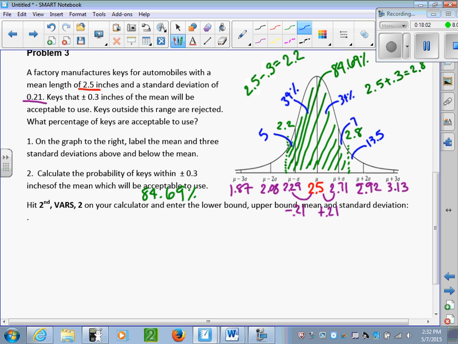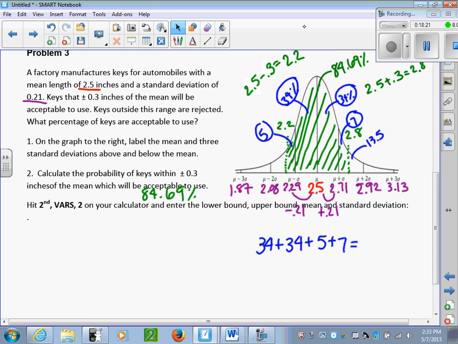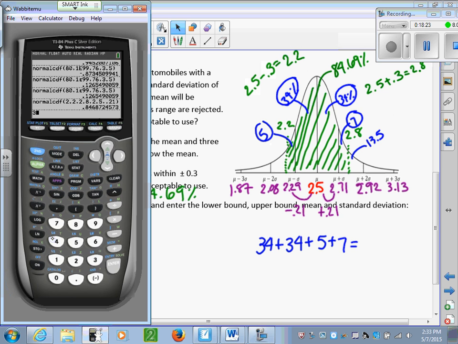So if we add up all the blue, just roughly estimating, we have 34 plus 34 plus 5 plus 7, which gives me about 80%.